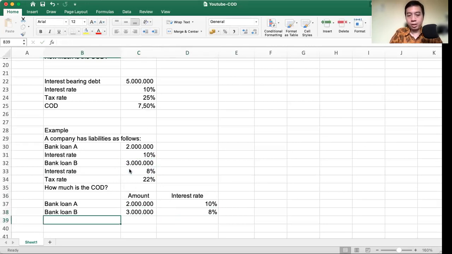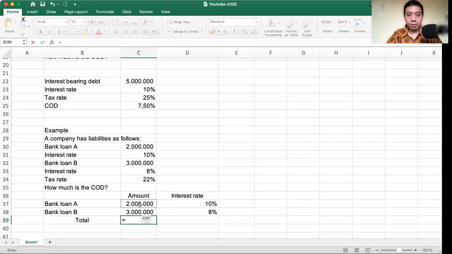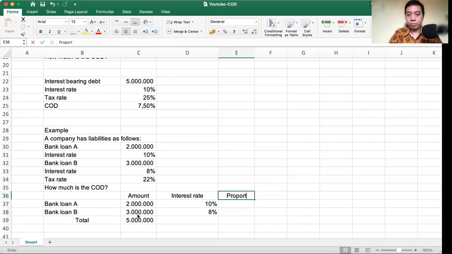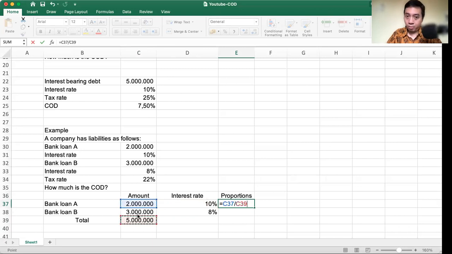Right after this, you need to identify the total for these two bank loans, this one plus this one. And then don't forget to put the proportions. Proportion is actually the amount divided by the total amount, each amount divided by total amount.